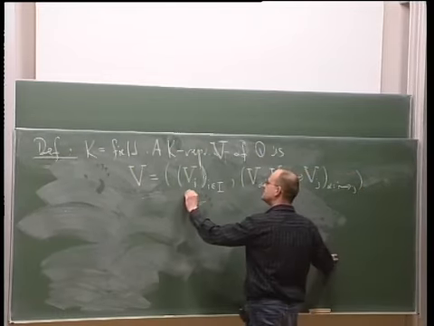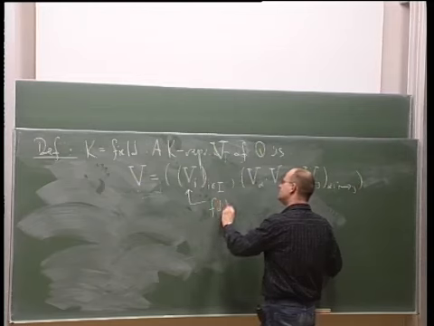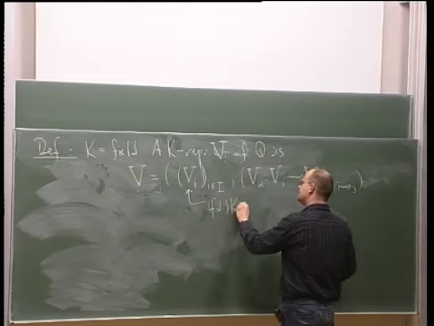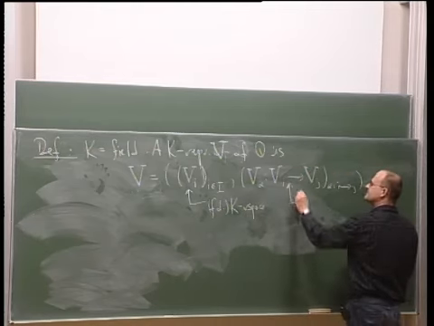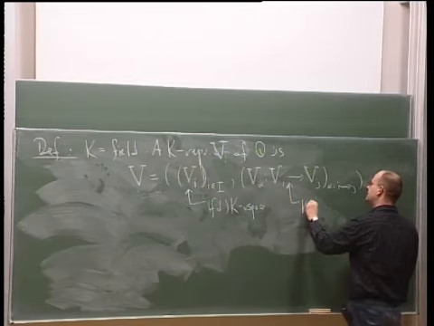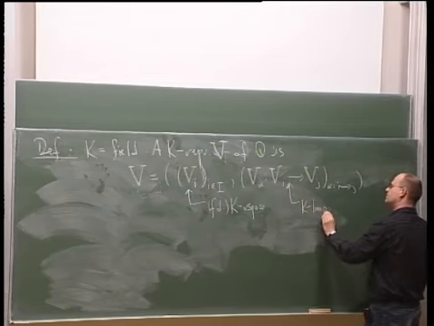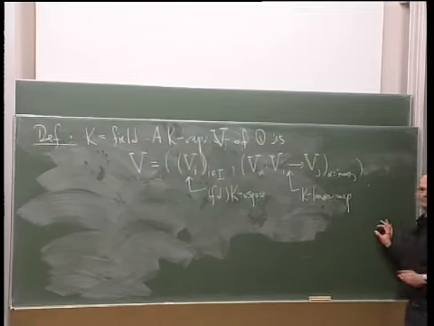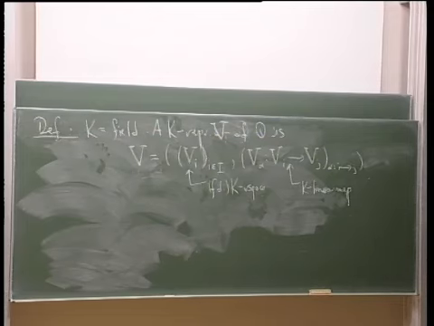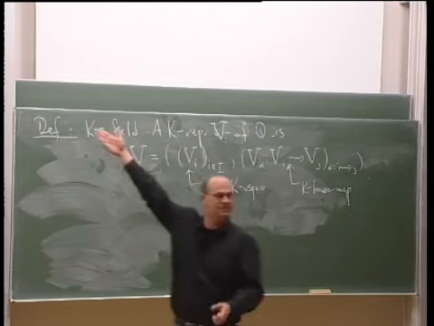This is always a finite dimensional K vector space, and this is always a K linear map. So a quiver representation is just a certain configuration of vector spaces and linear maps. That's what we are dealing with in these examples.